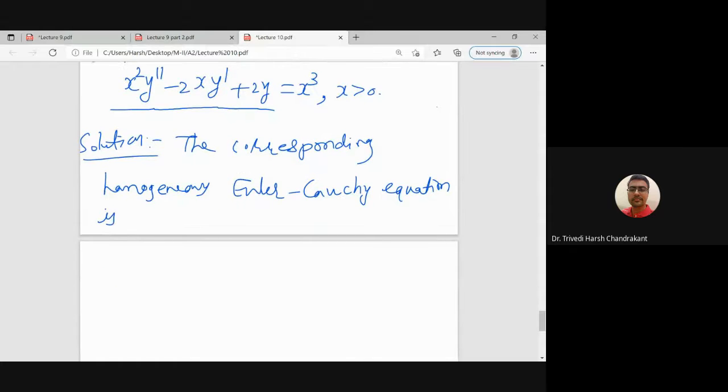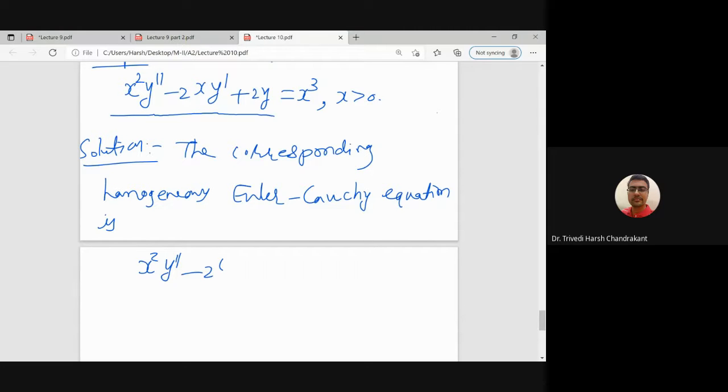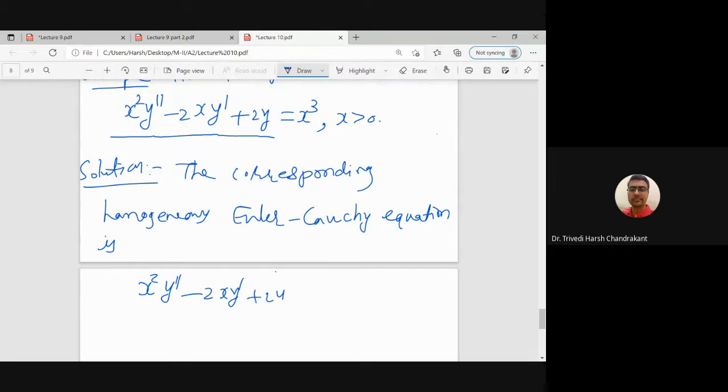So the corresponding Euler-Cauchy equation is x square y double dash minus 2xy dash plus 2y equals 0. Right.